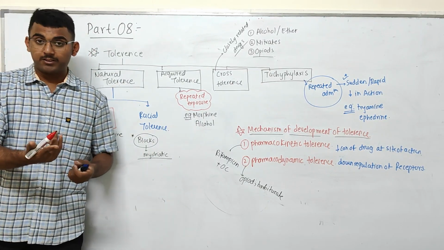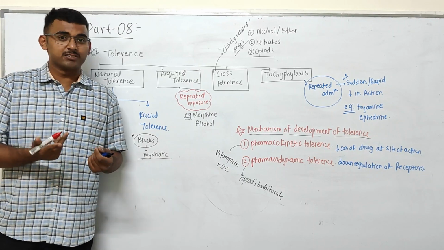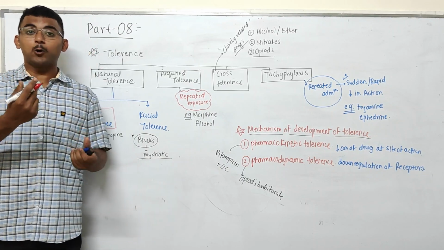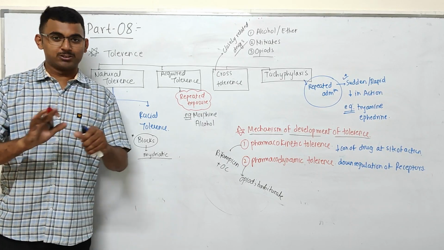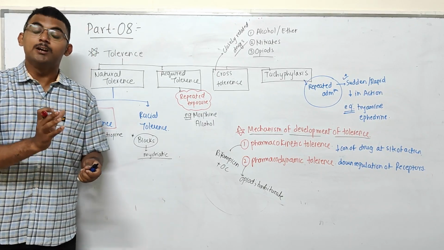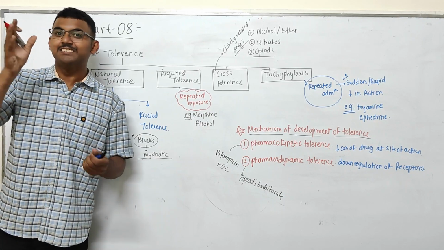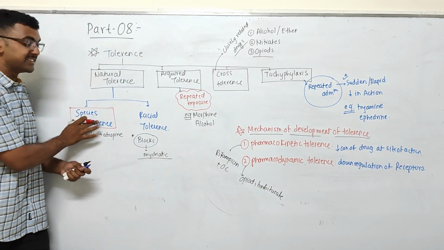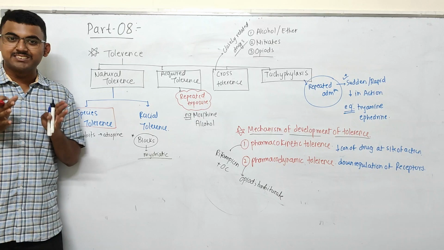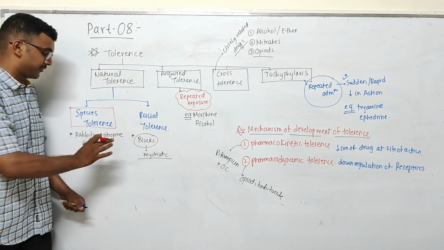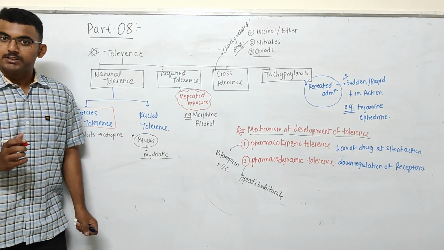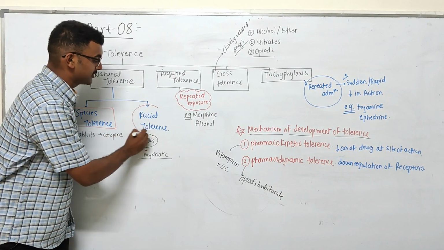They feed on it, but still don't show any activity of atropine. But if the same atropine is taken by humans, then the therapeutic activity is seen. This is called species tolerance. The rabbit species is well tolerated to this drug, atropine. Simple. Now the next one is racial tolerance.